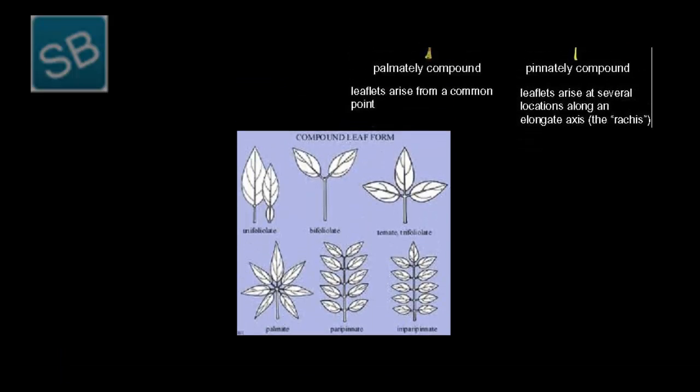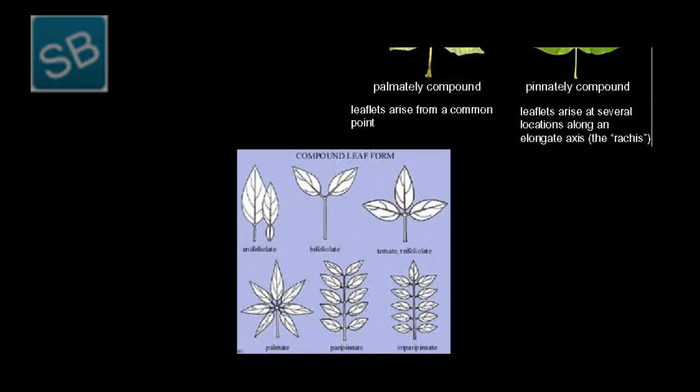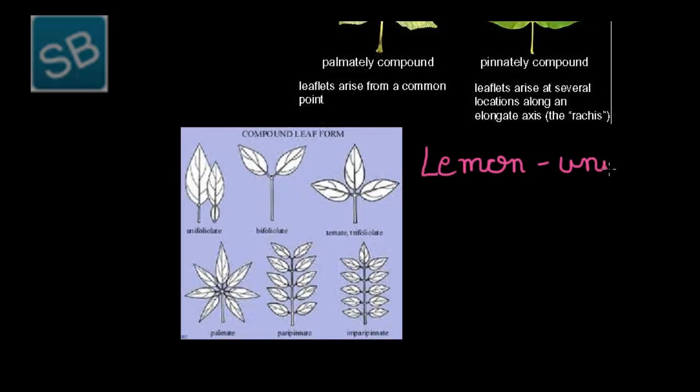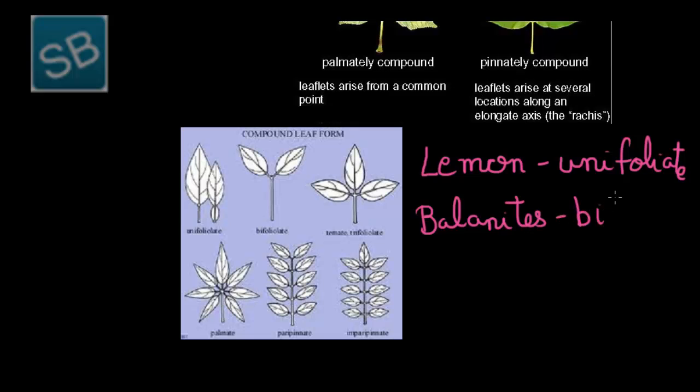Example, in lemon, unifoliate leaves occur. In Balanites, bifoliate leaves occur.